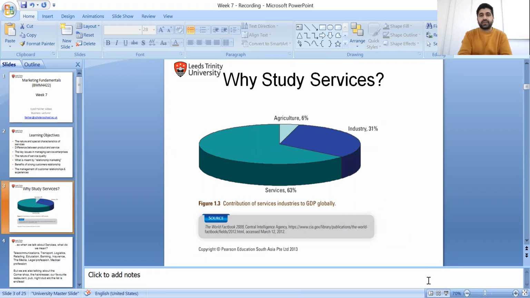According to a survey, 63% of total GDP is contributed by services.